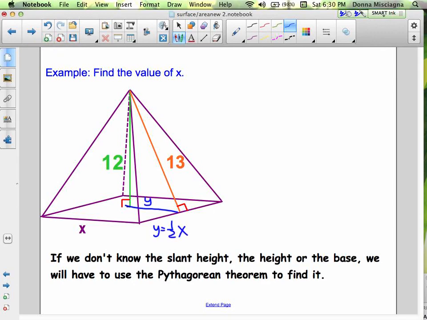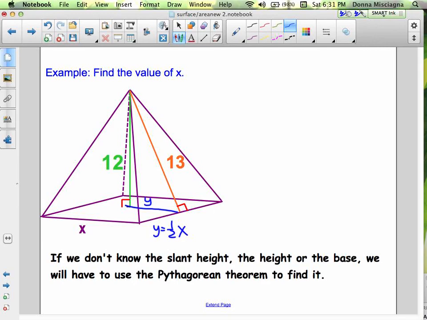I just want to use a single variable. So now we're going to solve for y, and then we'll just double it to get x. That would be the easiest thing to do, rather than solve for half of x, use half of x in the Pythagorean theorem equation and then solve for x. It'd just be a lot easier not to have a half in there.